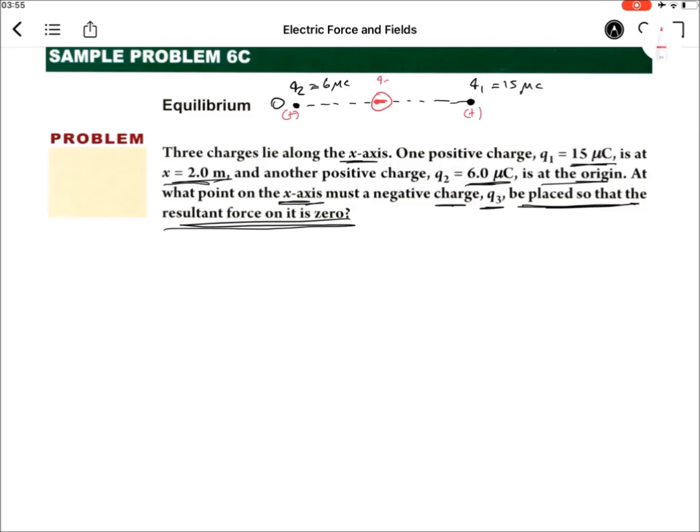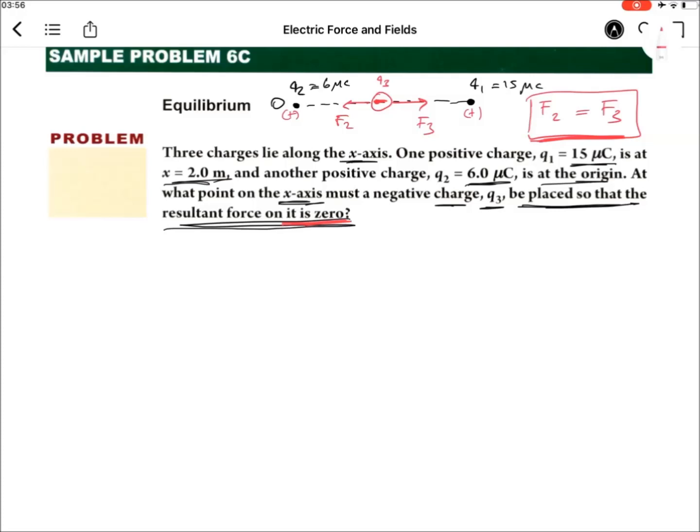This is the third charge, and Q2 and Q1 will attract it. So there will be a force here, the second force, and the third force. The force on it can be 0 when F2 equals F3, I mean when they are equal to each other, because they are acting in opposite directions. The resultant force of opposite directions is the subtraction. So when you subtract the same number from each other, the result will be 0.